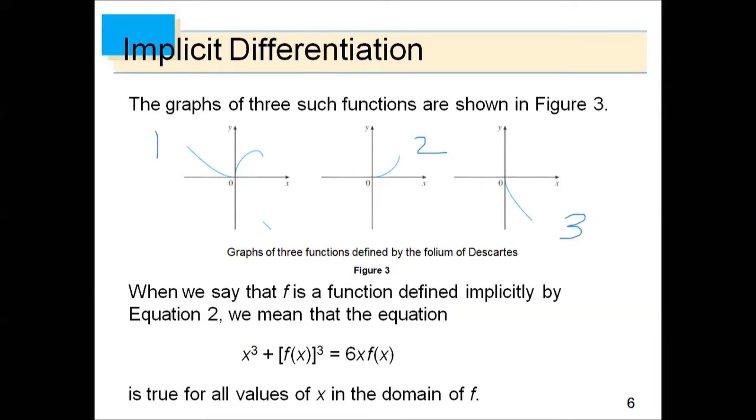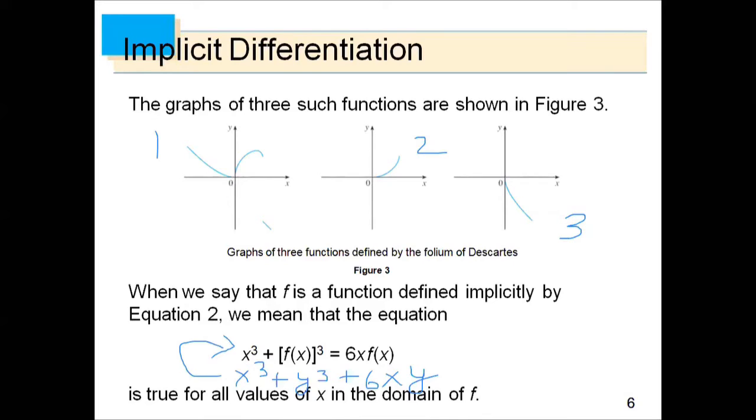When we say that f is a function defined implicitly by equation 2, we mean that the equation is x cubed plus y cubed equals 6xy.